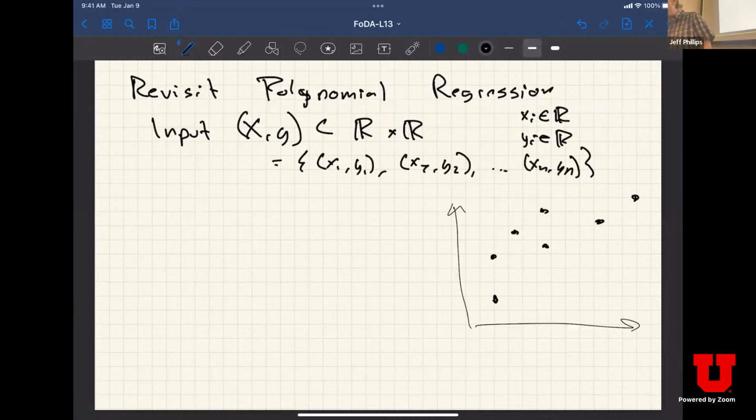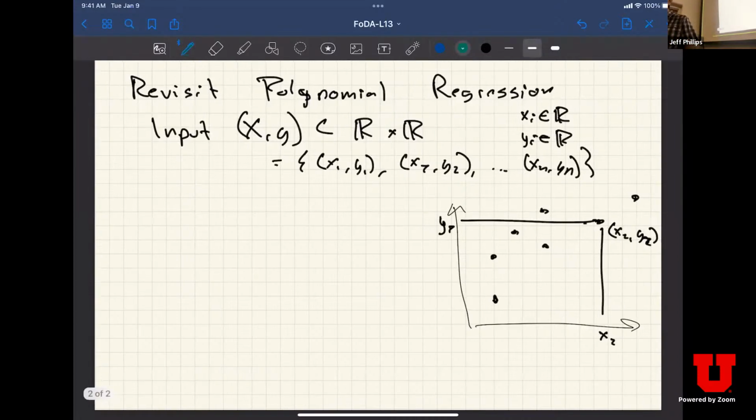Okay, so this might be x2, so y2, right? So we can think of this as the x2 value, and this is the y2 value. If we're just doing linear regression, we're going to fit a line through here, trying the best fit line.